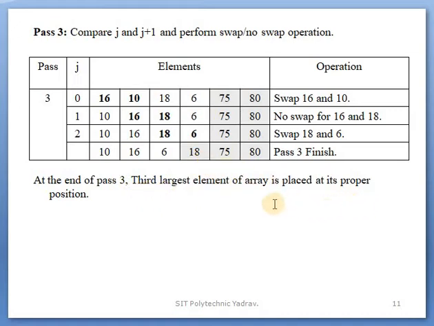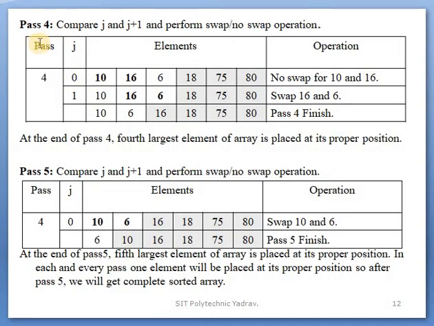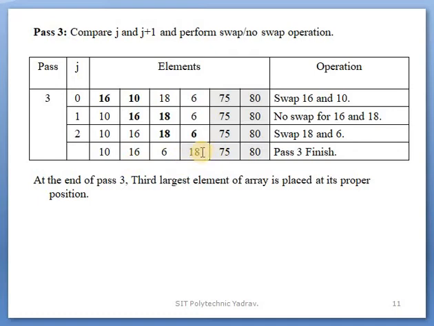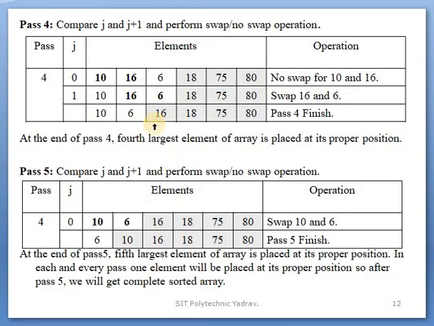Pass number 4: compare j and j plus 1 and perform a swap or no swap operation. That's the same. In that, take the last sorted numbers: 10, 16, 6, 18, 75, 80. Okay, in that compare, 10 is compared with 16. 10 is not greater than 16, so no swap. Okay, that is it.